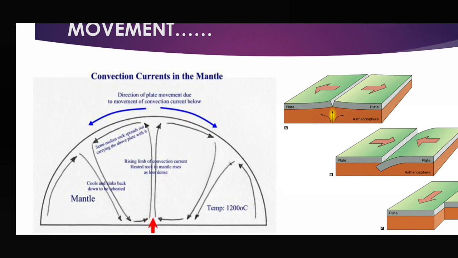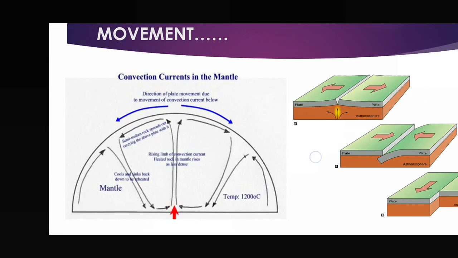That means I want to say that the convectional currents' movement and the movement of plates are correlated. Now come to the next. I told one thing at the time of discussion of major plates and minor plates, an interesting thing, but I have not disclosed every piece of information at that time.